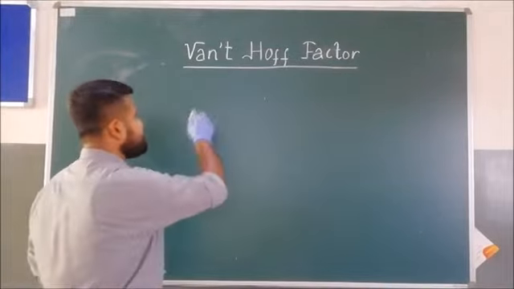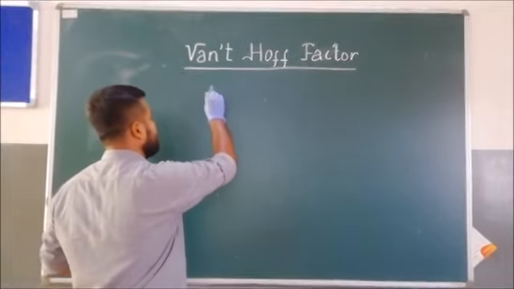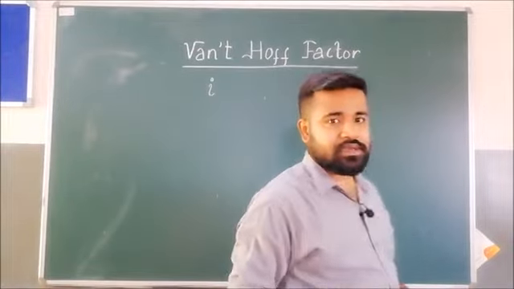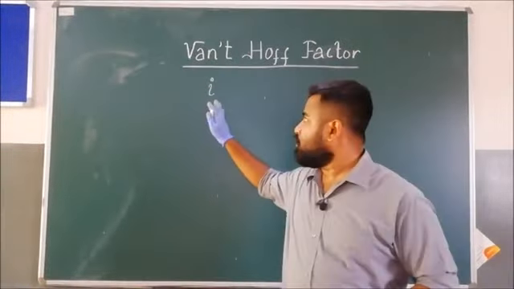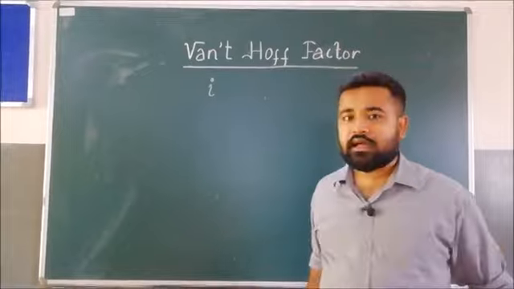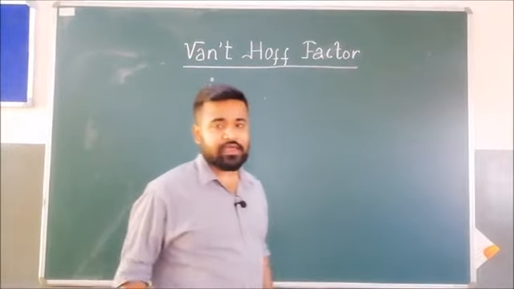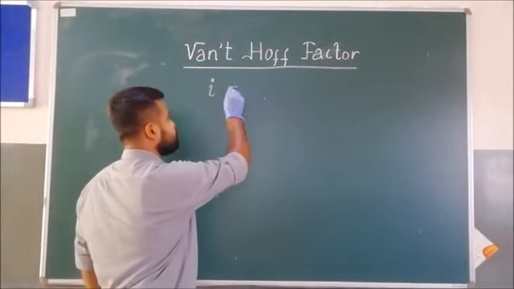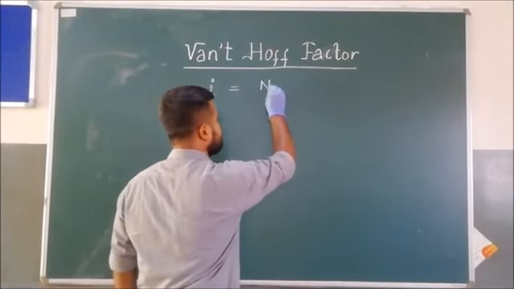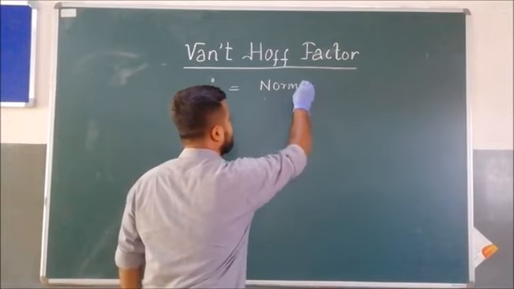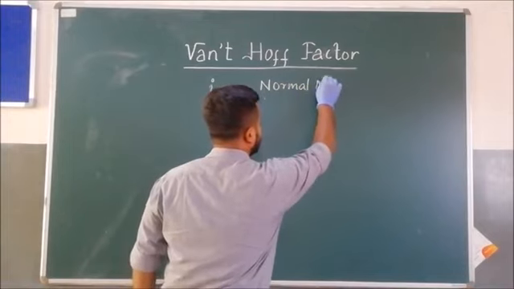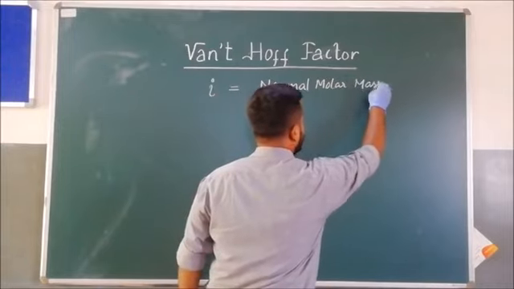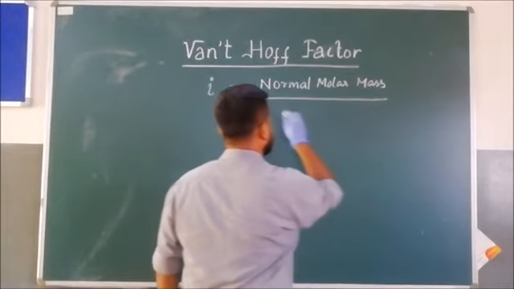The Van 't Hoff factor is generally denoted as small i. So what correction has he made, and what formula did he design for i? That is, how can we find the i value? First of all, he told that i is equal to normal molar mass by abnormal molar mass.